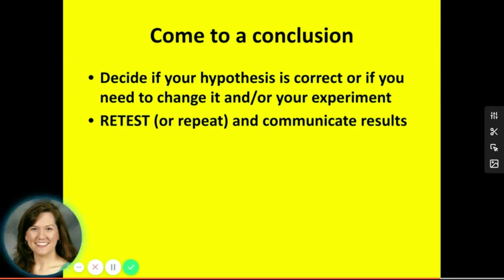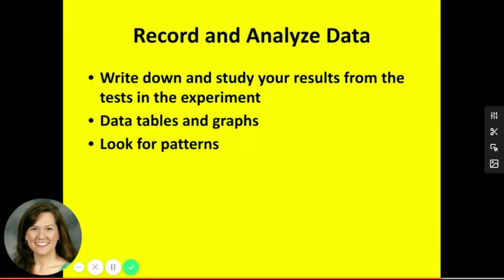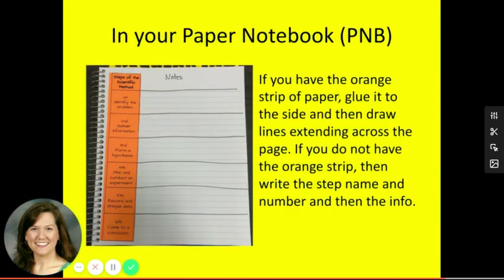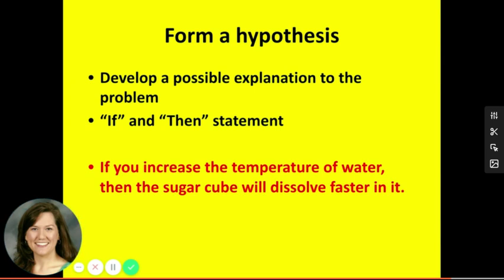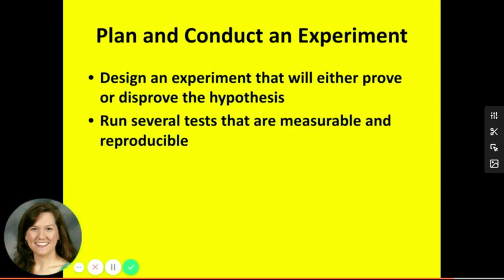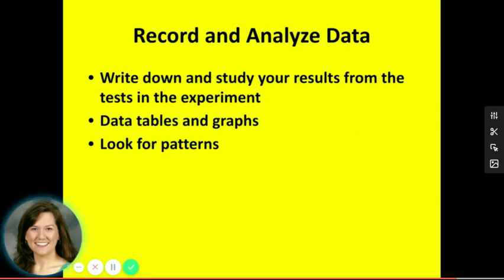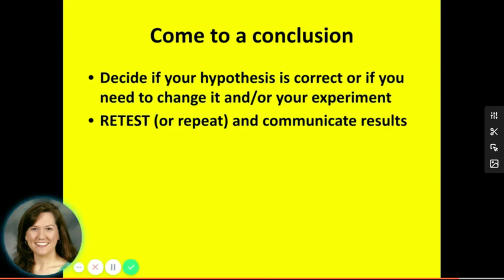So again, we have 6 steps. I'm going to run through them one more time. You have identify the problem, gather information, form a hypothesis, plan and conduct an experiment, record and analyze data, come to a conclusion. Now, these steps are not set in stone. Sometimes you can skip around. Most scientists do.